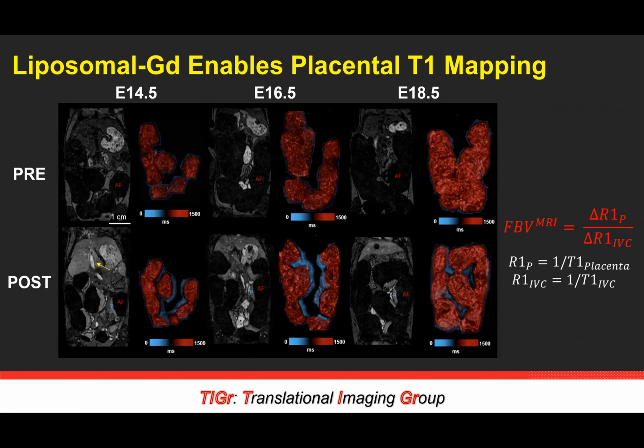Well, we do so by setting a reference point with a fully vascularized compartment, which in this case is the inferior vena cava, or the IVC, which is denoted here by the yellow arrow. This is a vessel that we're assuming to be fully perfused, or 100% blood volume. So we relate the change in T1 relaxation time in the IVC to the target organ of interest, which is the placenta, and the ratio of change gives us the fractional blood volume.